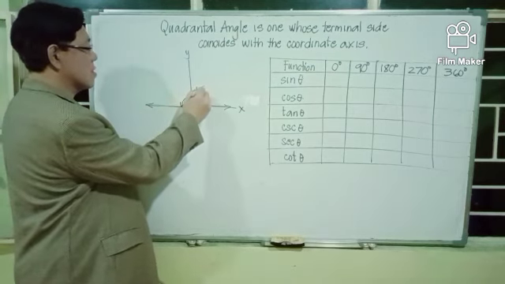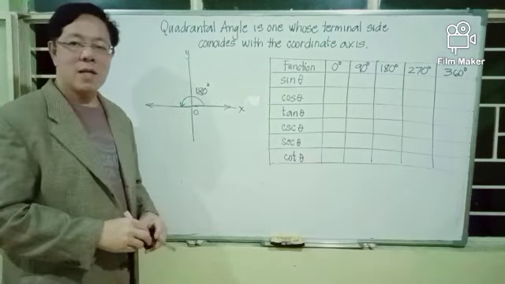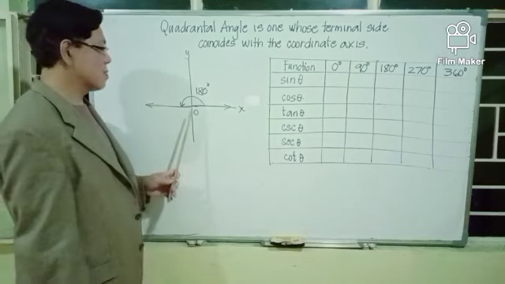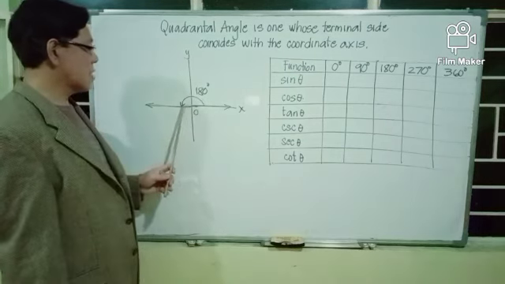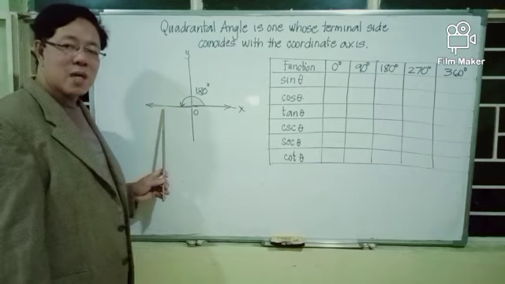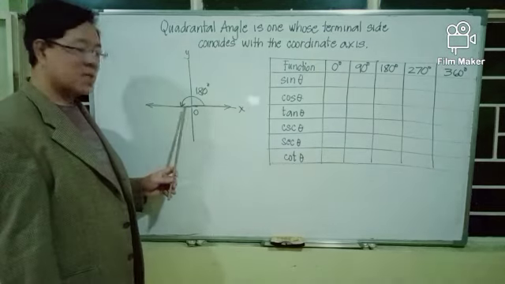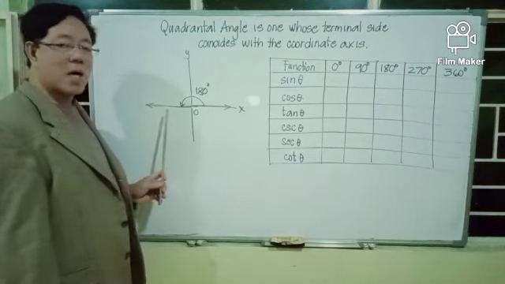This is the quadrantal angle 180 degrees. Its terminal side coincides with the x-axis, more specifically with the negative side of the x-axis.